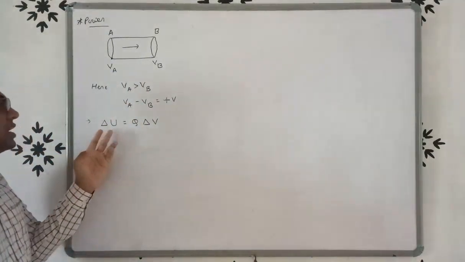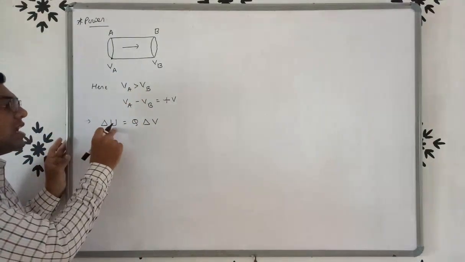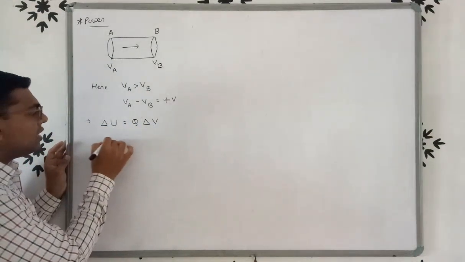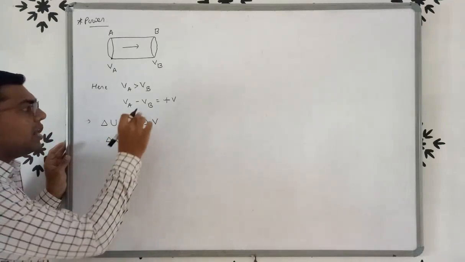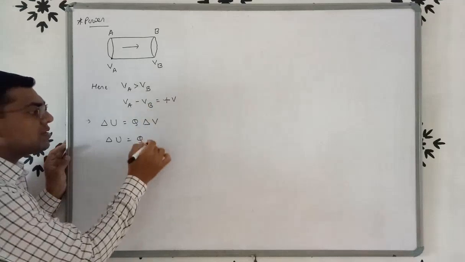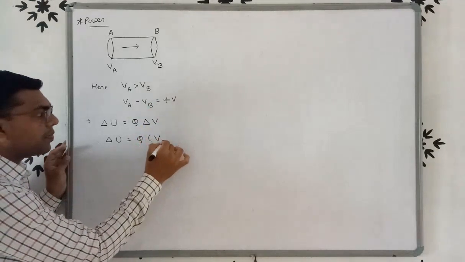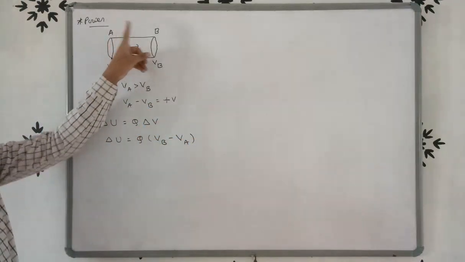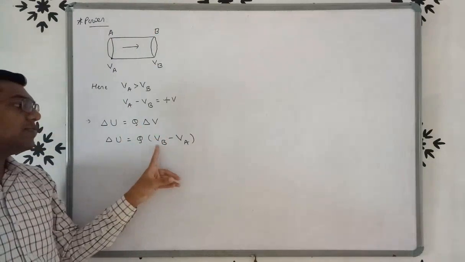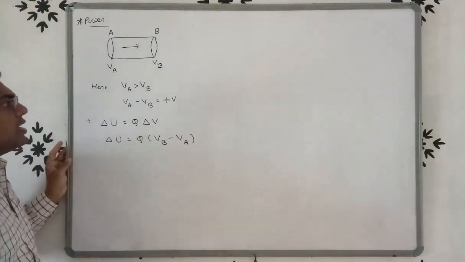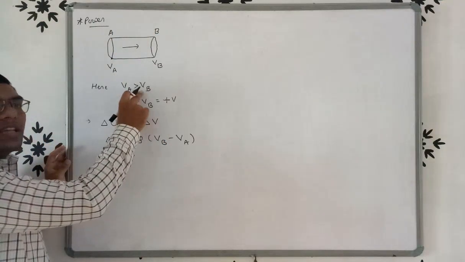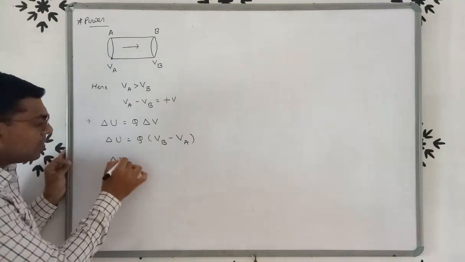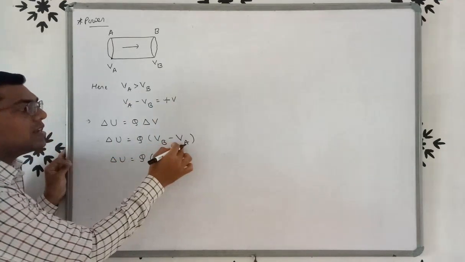So in this case the change in potential energy delta U is equal to Q into delta V, where the change in potential is VB minus VA, because the current flows from A to B. Now we consider that VA is greater than VB, so VA minus VB is equal to V. So delta U is equal to Q into (VB minus VA).